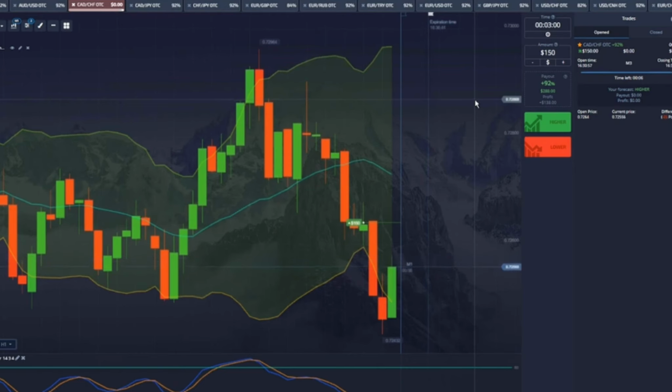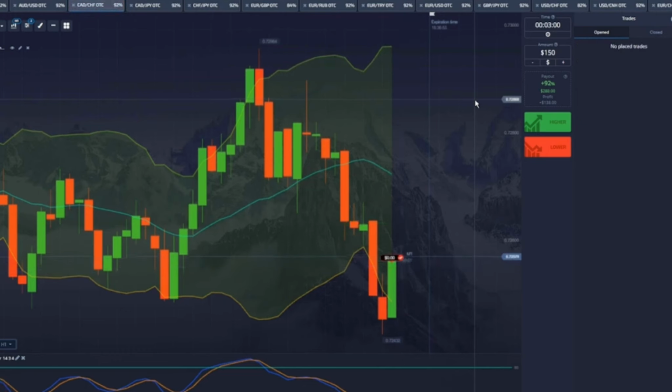The market instead went downward again before the upward trend began, and we lost the trade.